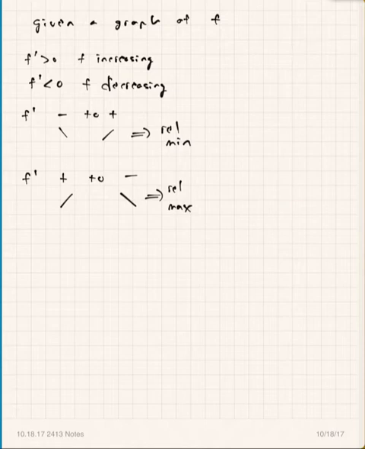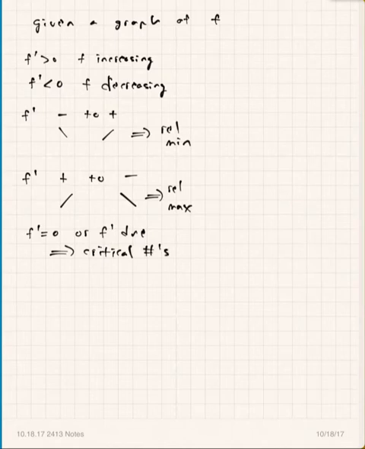Places where the first derivative is equal to 0 or where the first derivative does not exist, is undefined, are called critical numbers. And just because you get the derivative to be 0 or undefined, remember, doesn't mean you have a relative max or min. It just means you could have a relative max or min.